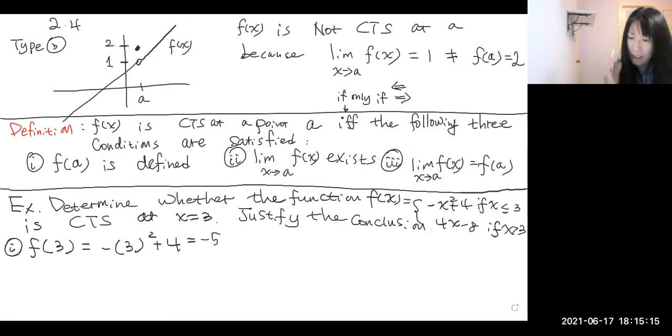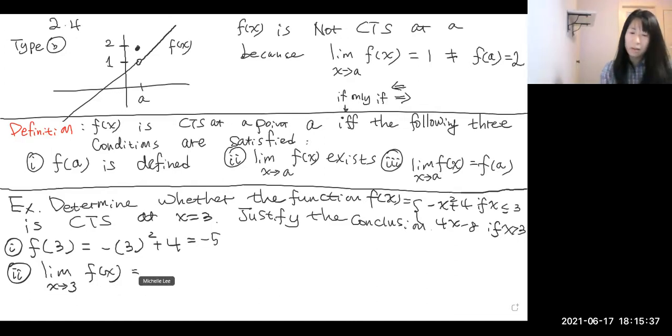Okay, so second one, we need to check that the limit exists. It's better if we draw the graph, right? So this will be more like that, and this will be 3.